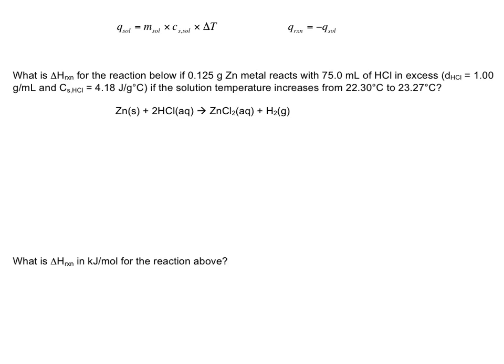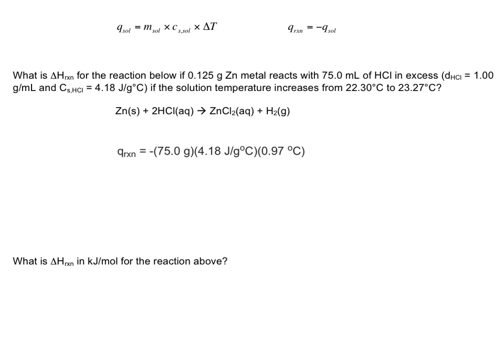Okay, so if Q of the reaction is equal to negative Q of our solution, then that's going to be equal to negative the mass of the solution. So our solution just contains 75 milliliters of water. So we know that 75 milliliters weighs 75 grams. So that's going to be our mass.